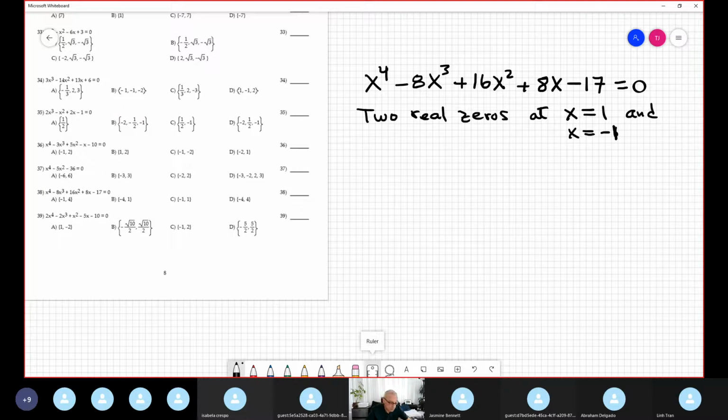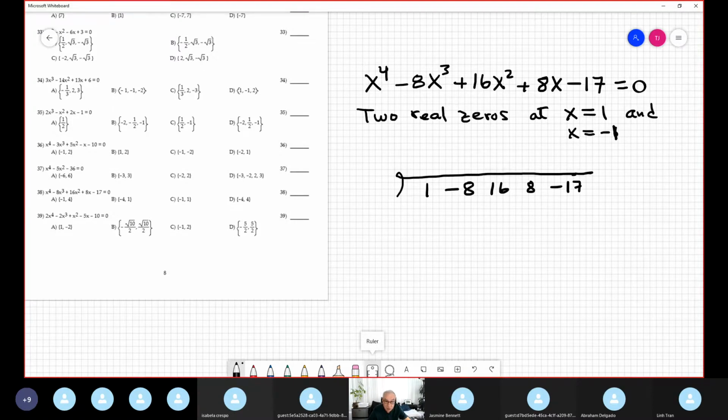So the coefficients are 1, negative 8, 16, negative 8 and 17.